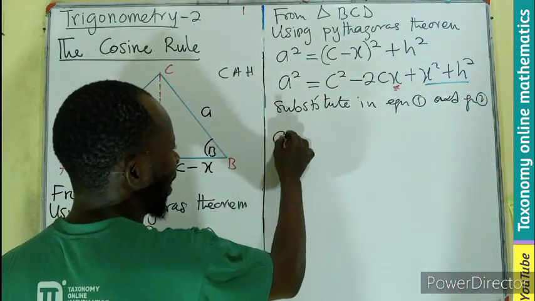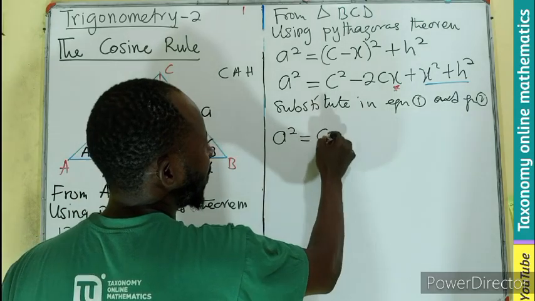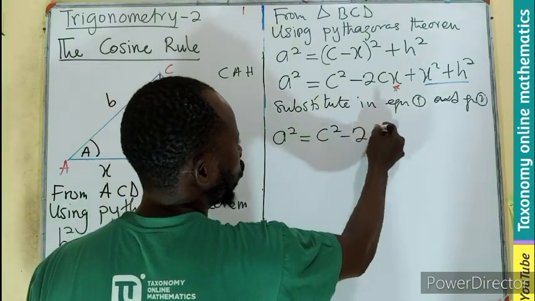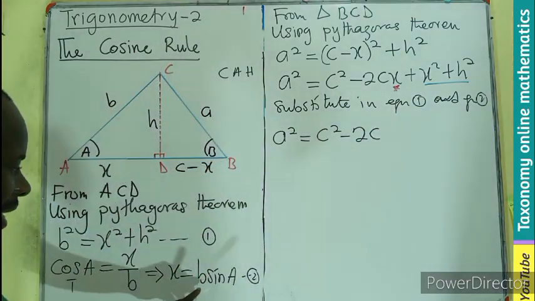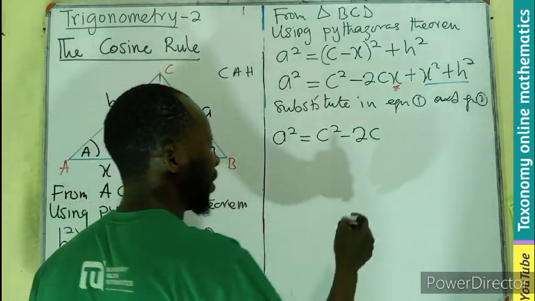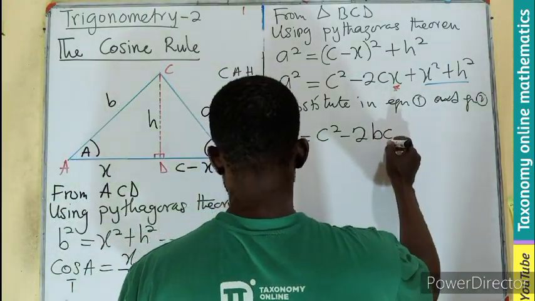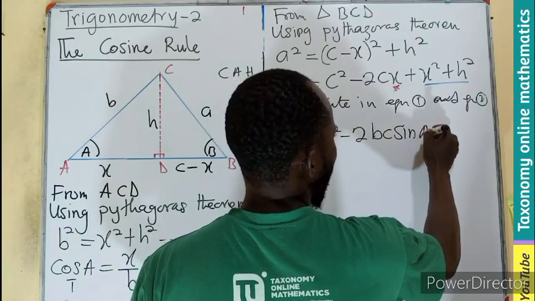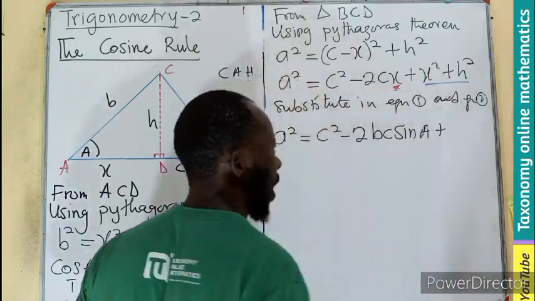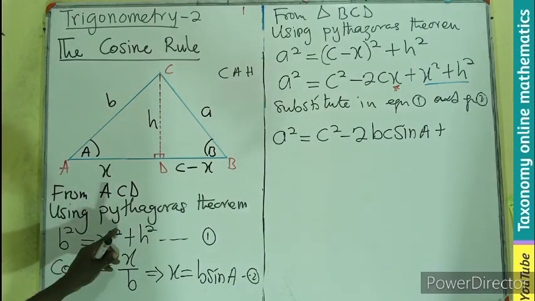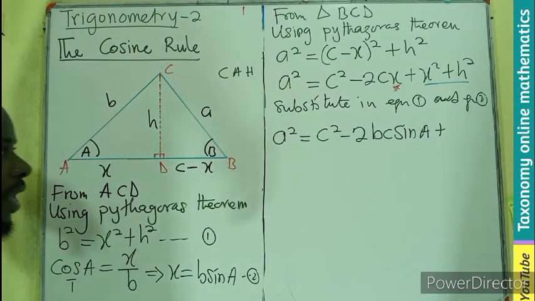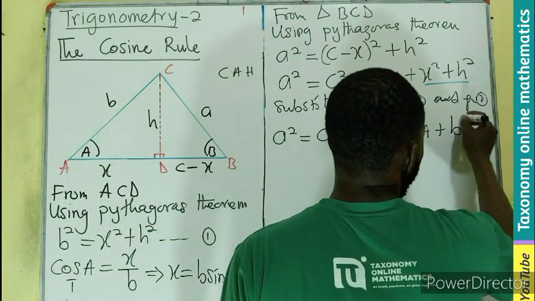I'll maintain a square equals c square minus 2cx, and x is b cos A, so minus 2bc cos A, plus x square plus h square. Both being squared will give us b square.